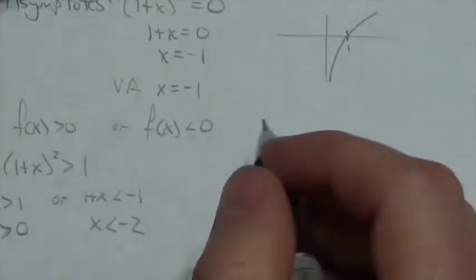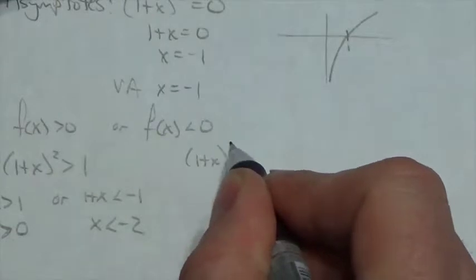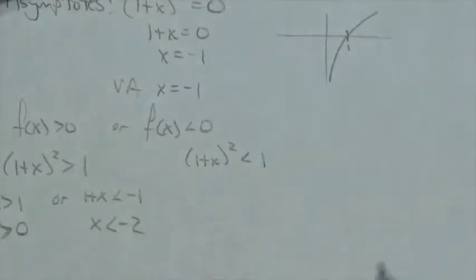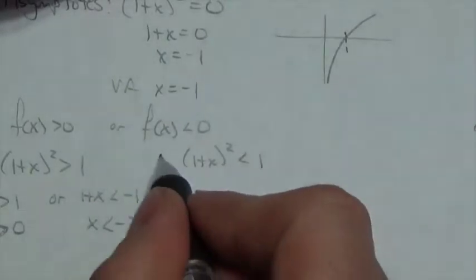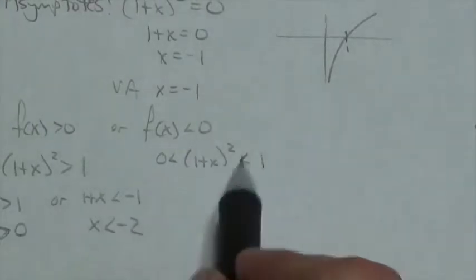Over here, where is the function going to be below 0? Well, that is going to be where 1 plus x squared is less than 1. Okay, but at the same time greater than 0. Okay, got to be greater than 0 because I don't want to take the log of 0 there. Well, we've already established that this thing goes to 1.